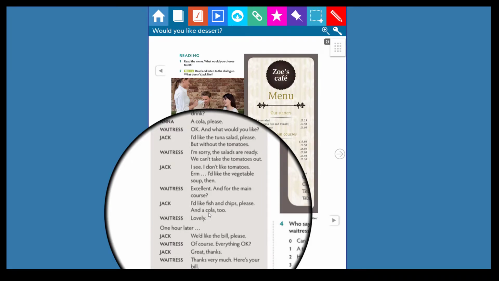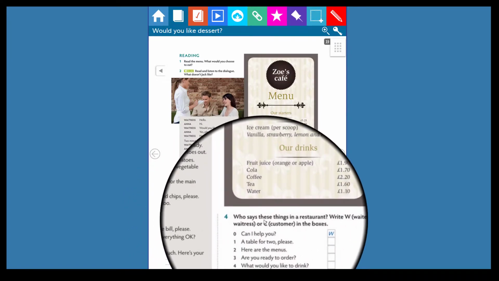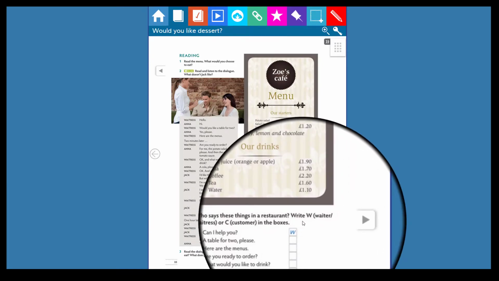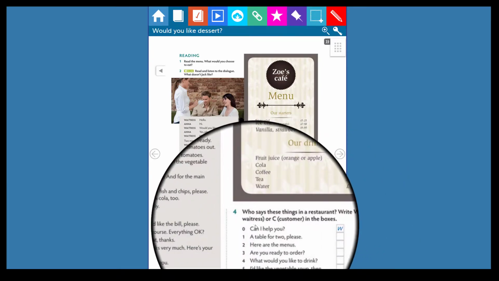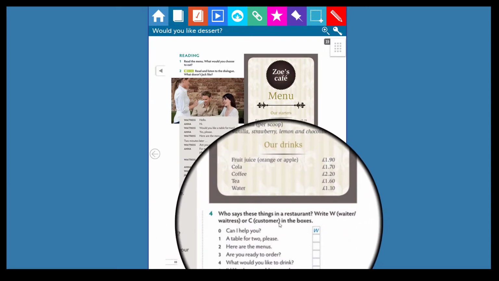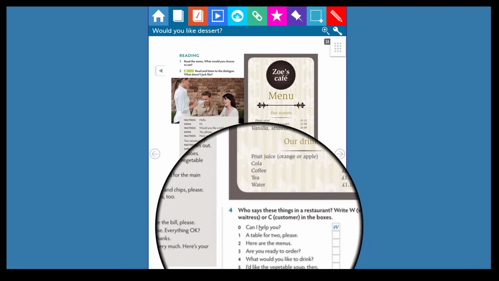Okay, so let's continue with activity 4. Who says these things in a restaurant? Write W, waiter or waitress, or C, customer in the boxes. En esta actividad, niños, vamos a leer distintas preguntas, respuestas y oraciones en general que una persona realiza en un restaurante, ¿ok?